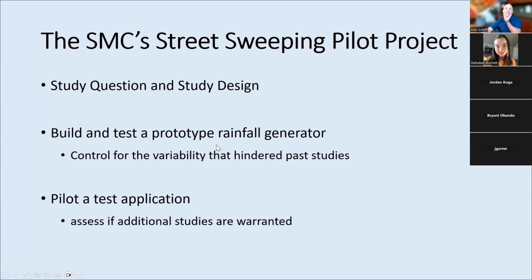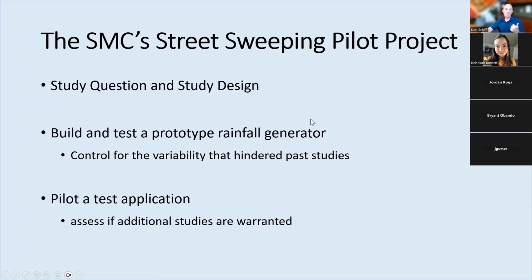And so that's what led to the next thing that I want to spend some time talking about, which is the SMC's, the Stormwater Monitoring Coalition's, pilot project trying to evaluate street sweeping and its potential effect on runoff water quality. It's going to go in 3 parts.